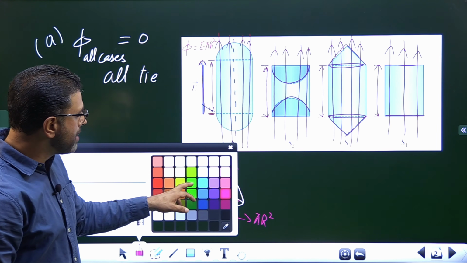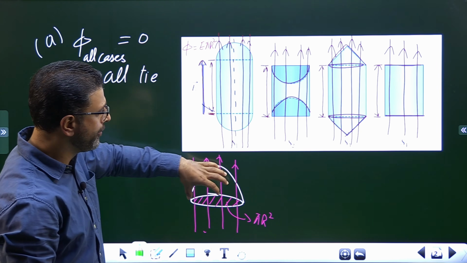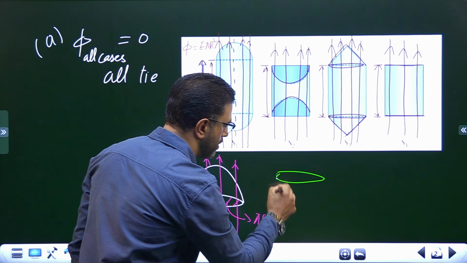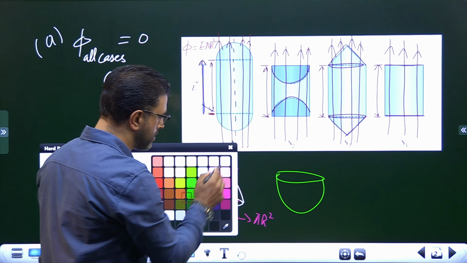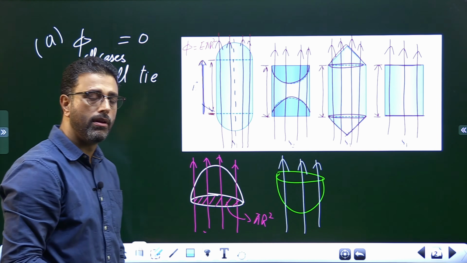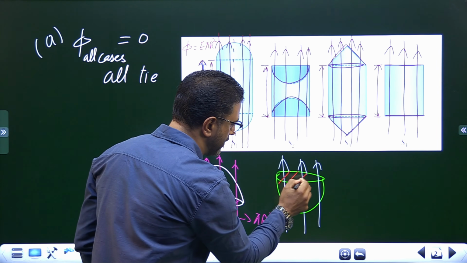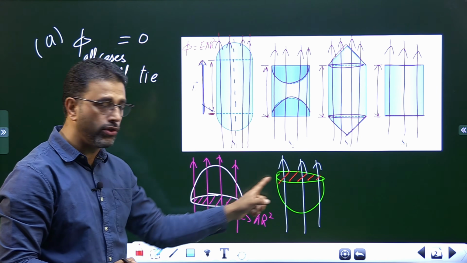Then exactly the same thing we note in the second case. In the second case, we have the same hemispherical surface, but inverted. So it's like this. And we have some electric field lines. Electric field is going this way. Again, if we imagine a flat disk here, the sizes are the same, so radius is going to be the same.